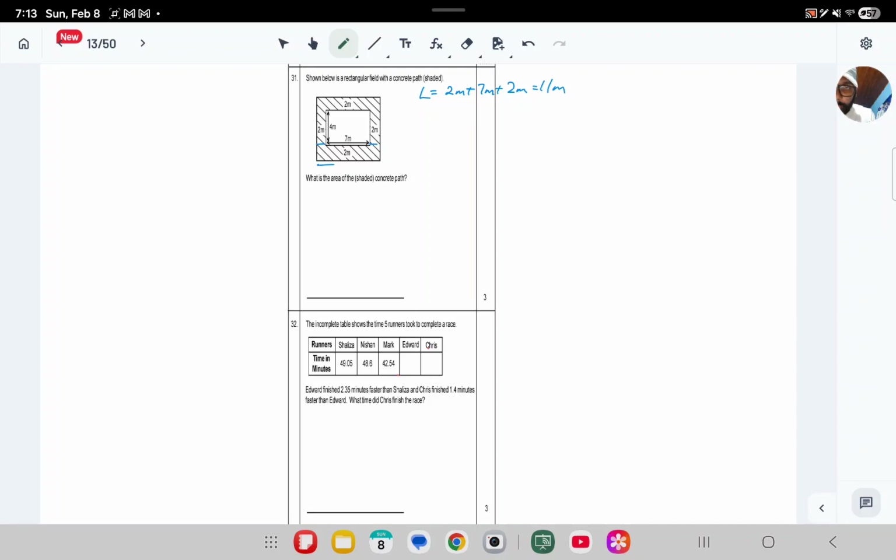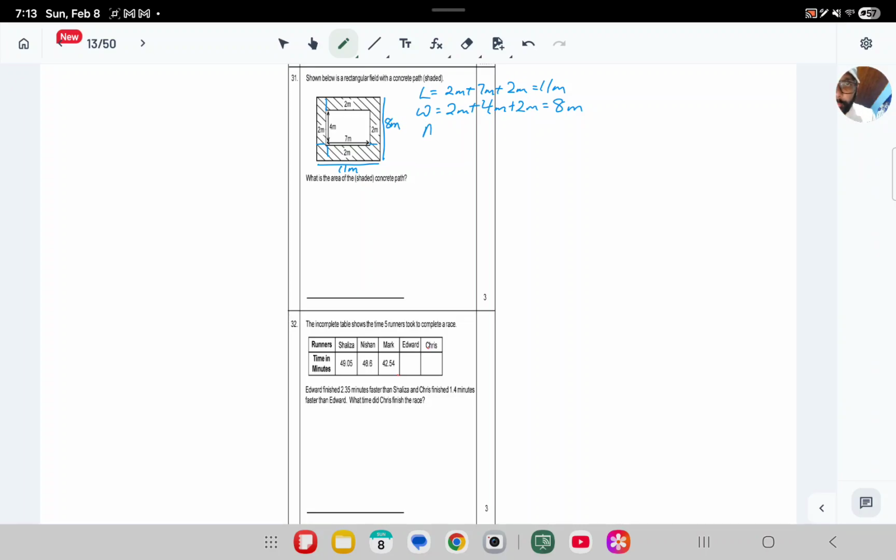So we know the length is 11 meters. The width now, we know here is 2, so that's 2 plus 4 plus 2, which will give us 8 meters.